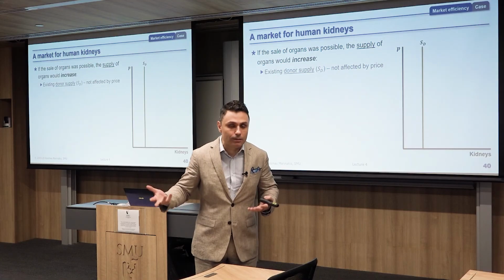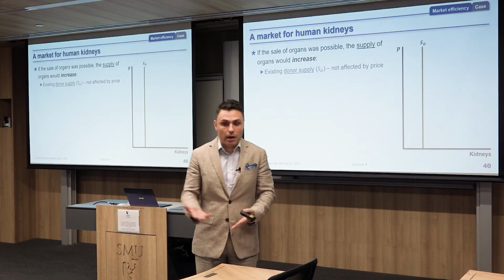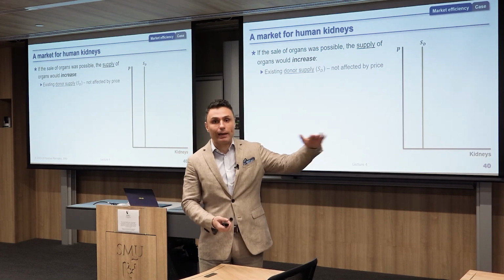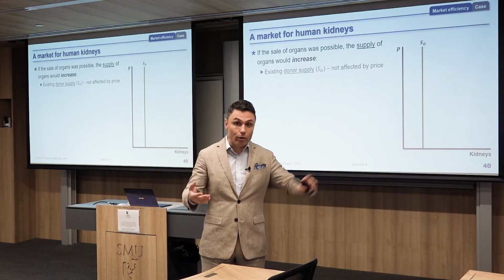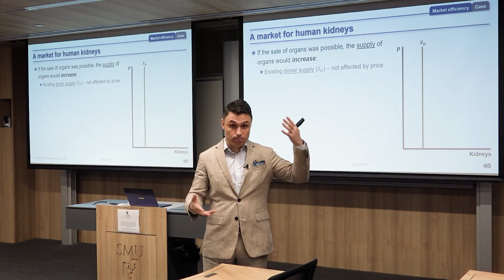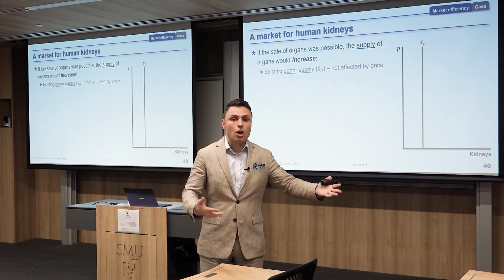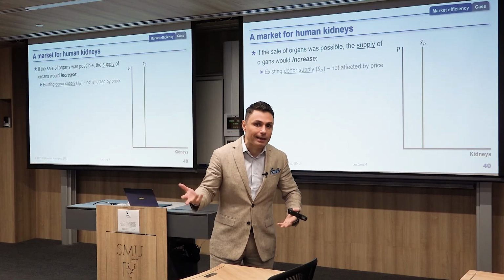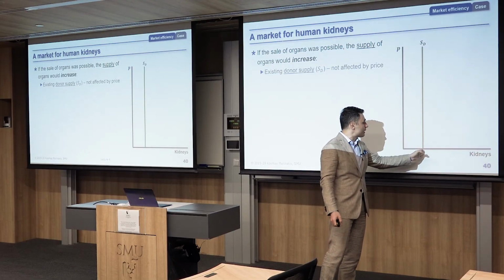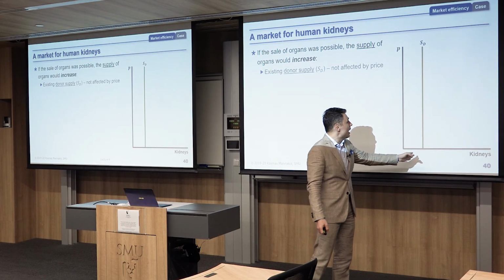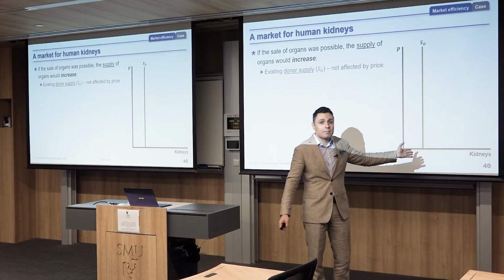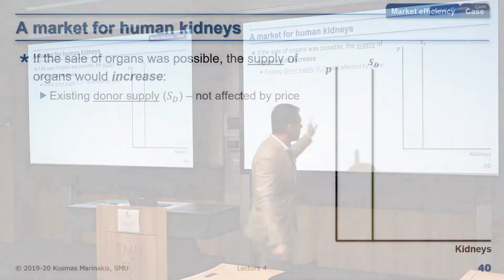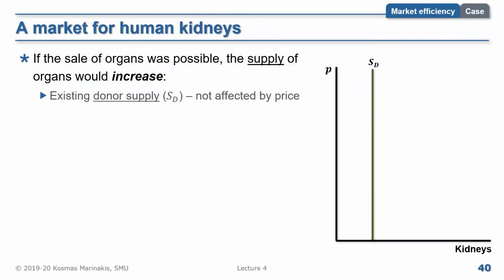They don't care to get compensation because they are either super nice, which means they are totally above money, or they donate for the sake of giving life to somebody else, or they are dead and therefore again money will not make a big difference to them. So the supply would be totally vertical, meaning that this is a fixed quantity of kidneys, and no matter what the price is, that's going to be the quantity. So this is my supply from donors.